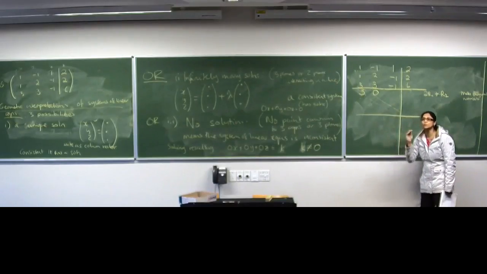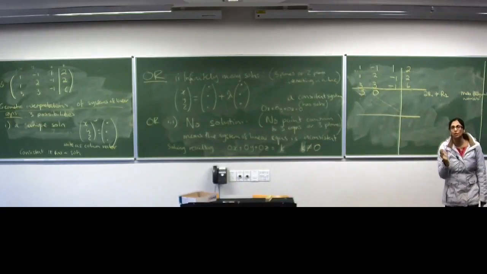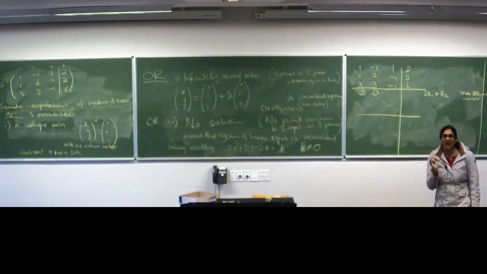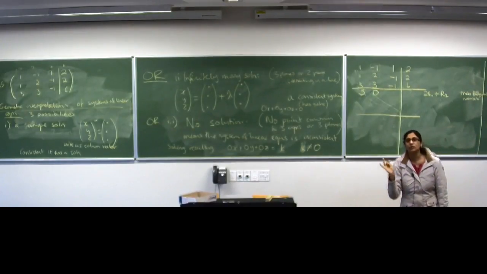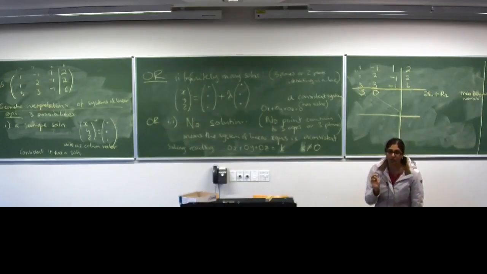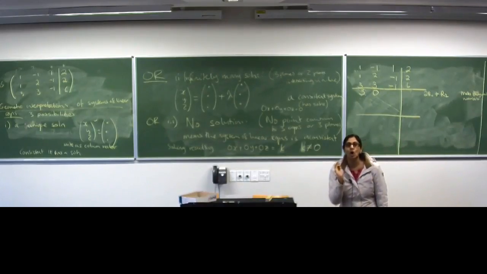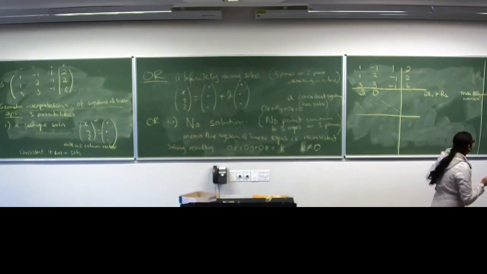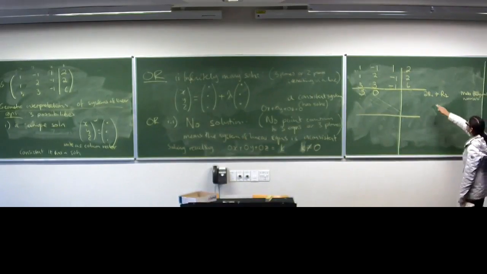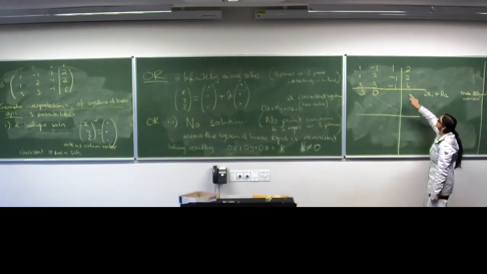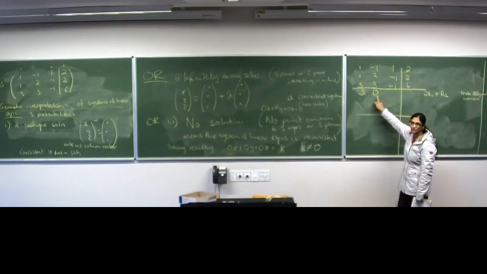And to do that, we have to follow rules. You can add and subtract rows, and you can multiply or divide rows by constants, not by each other. So what we've done here is say 2 row 1 plus row 2 will give us a 0 here.